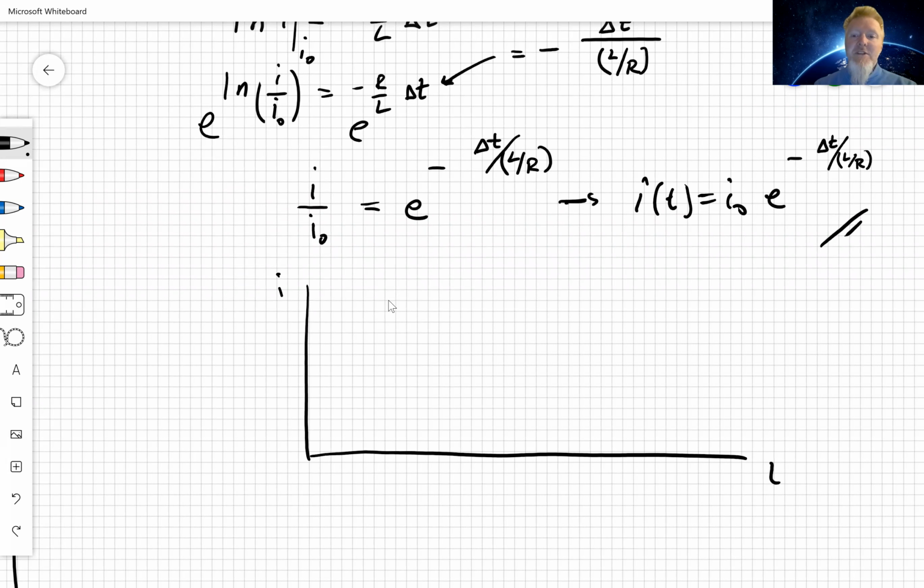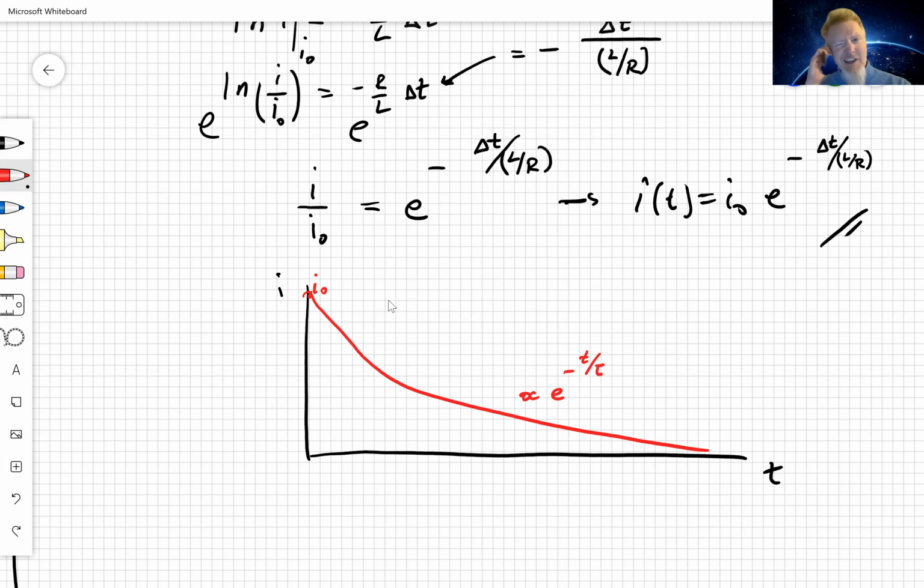The graph of which is likely not a shock to you, starting up here at I naught, and it's proportional to an exponential, e to the minus t over tau, where tau is the time constant. It's not called the half-life, it's called the time constant.